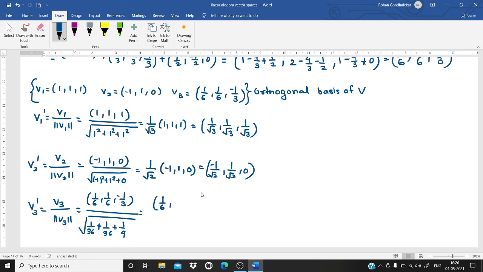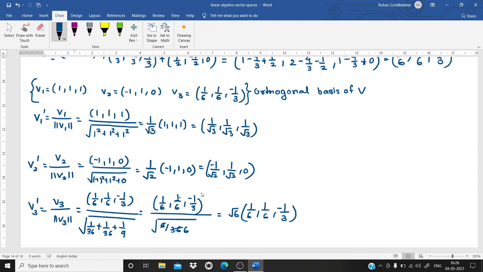So 1 by 6, 1 by 6, minus 1 by 3 whole divided by square root of 6 by 36. So this is 6. So 1 by root 6. So the square root of 1 by 6 is nothing but root 6 into 1 by 6, comma 1 by 6, comma minus 1 by 3.